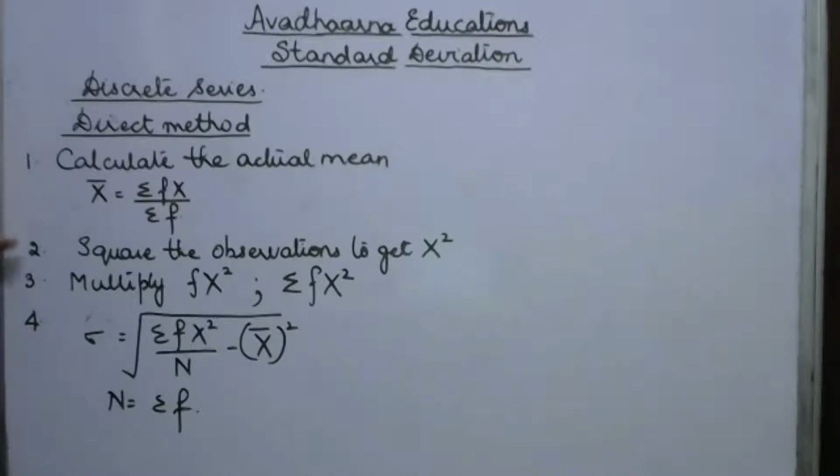So these are the 4 steps which we are going to follow for calculating standard deviation by direct method in case of discrete series. Let's learn this with the help of an example.